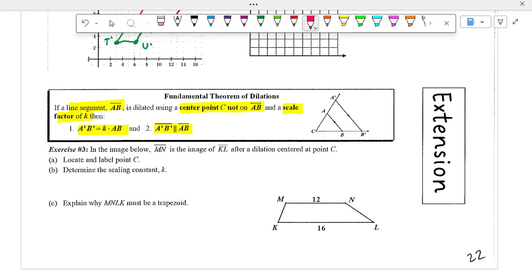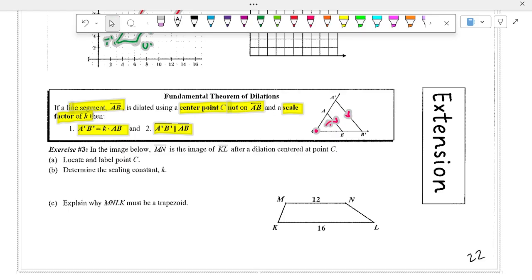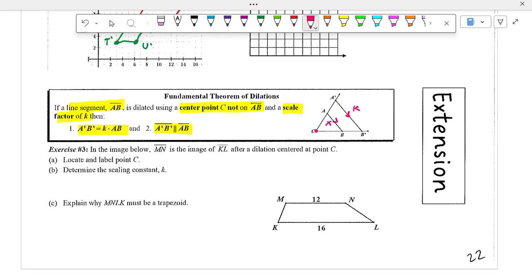So what does that mean? These two line segments would be parallel. This was the center. And let's say that AB was X in length. That means A prime B prime would be KX if the scale factor was K.